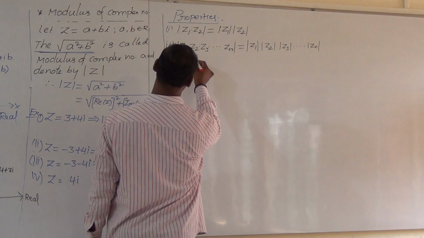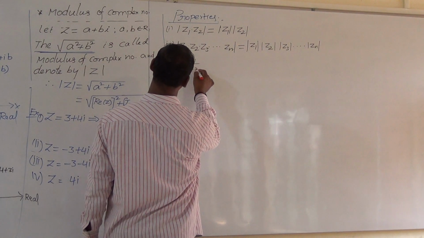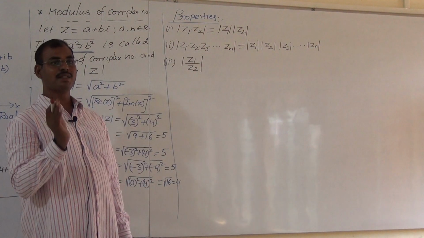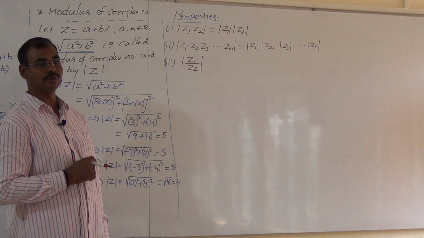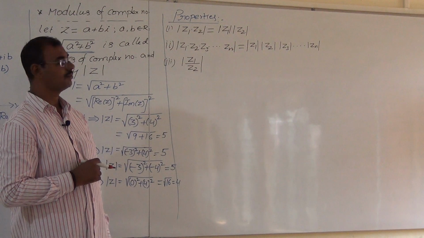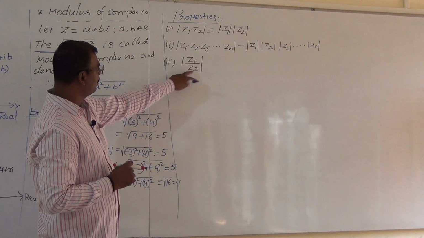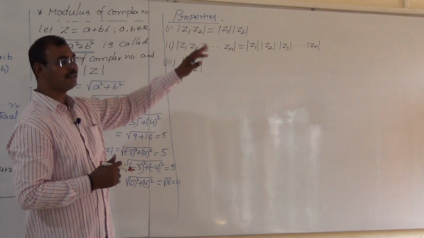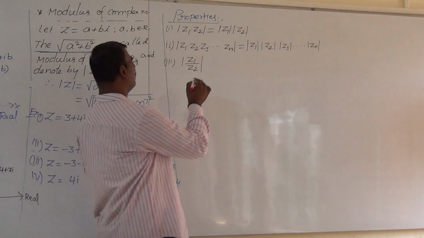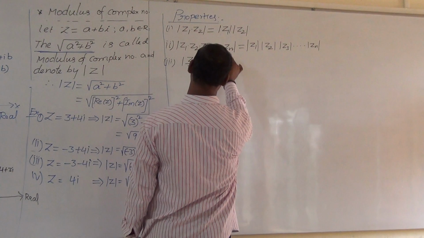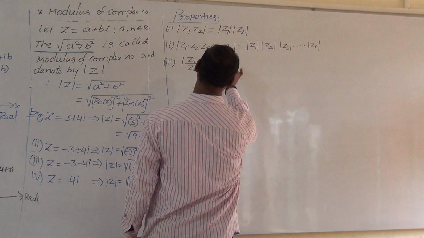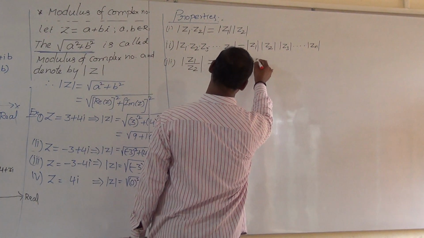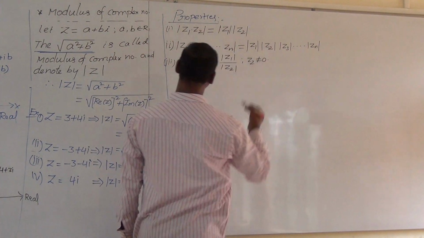In the same manner, I will give the division property also. Mod of z1 divided by z2. In this case, z2 must not be equal to 0. All of you keep in your mind, if z2 is equal to 0, it is not defined. Hence, z2 is always not equal to 0. So mod of z1 by z2 is equal to mod of z1 divided by mod of z2, where z2 is not equal to 0.